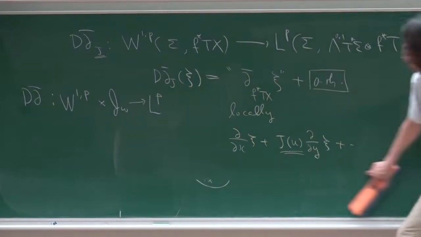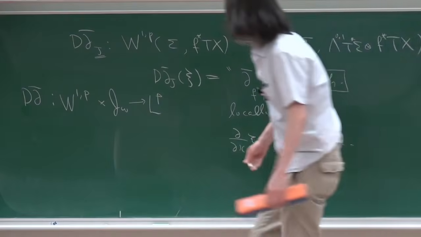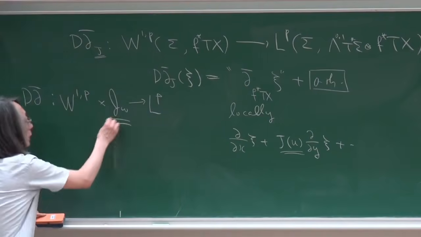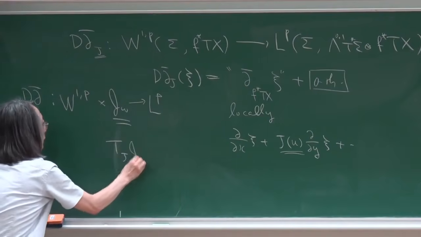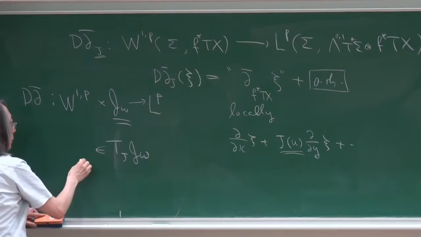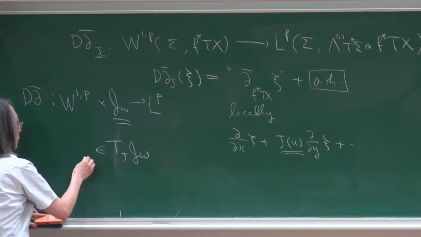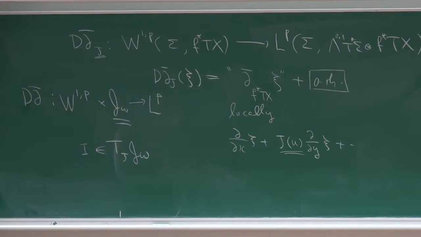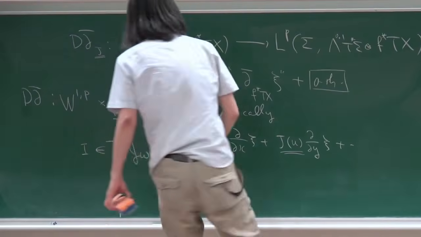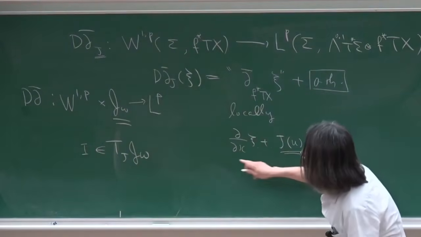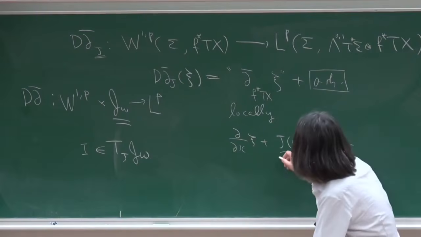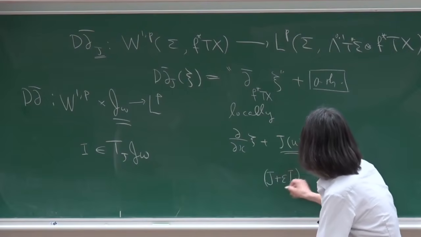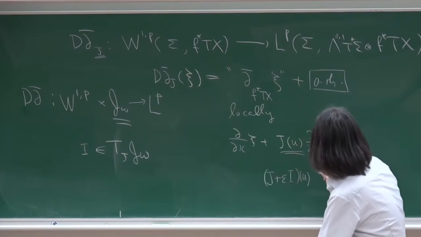And if you differentiate in this direction, what happens? If you just take a tangent vector from here, maybe I or something, then J is actually changed to something like epsilon I of u, and so on, right?